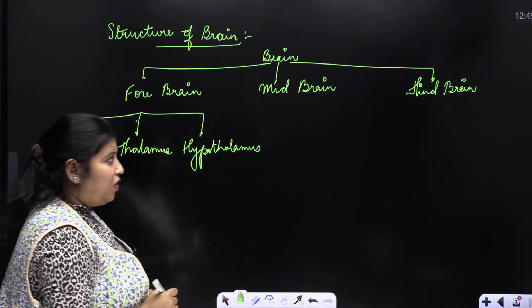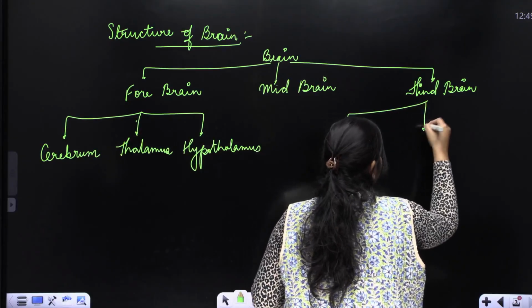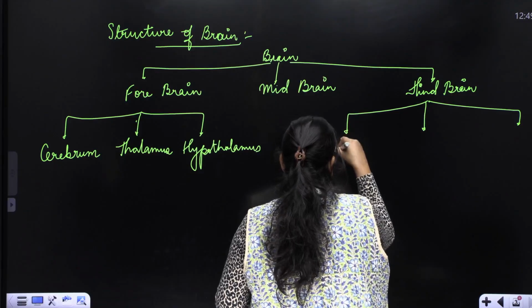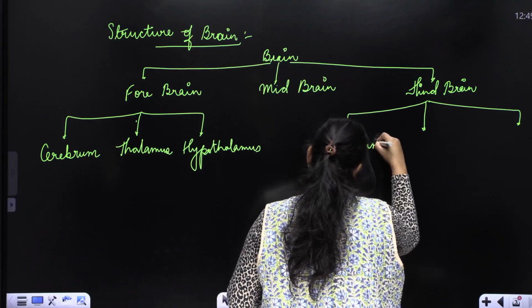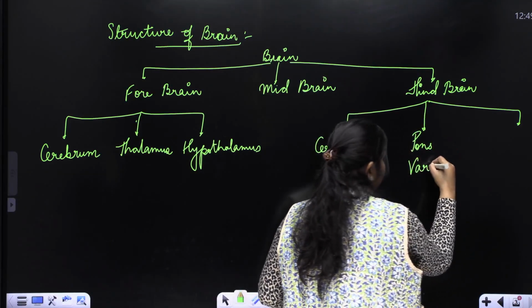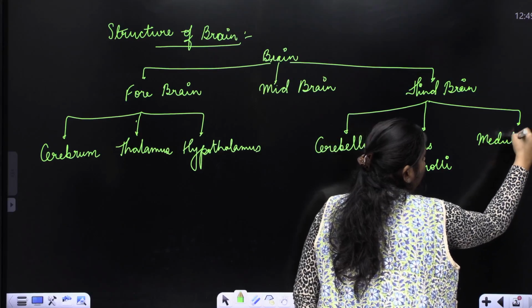The midbrain does not have any components. The hindbrain is further divided into three parts: cerebellum, pons varolii, and medulla oblongata.